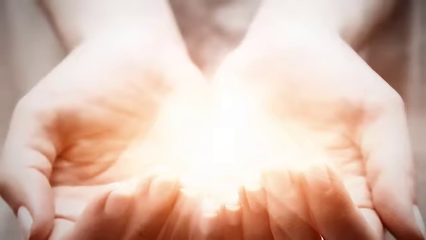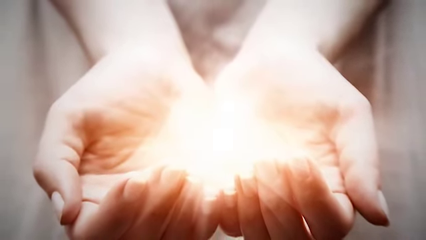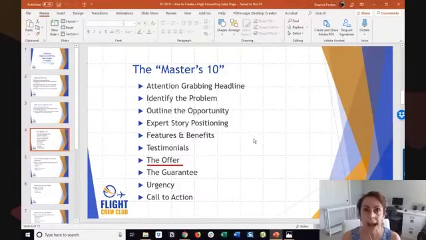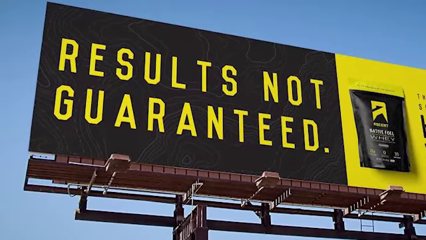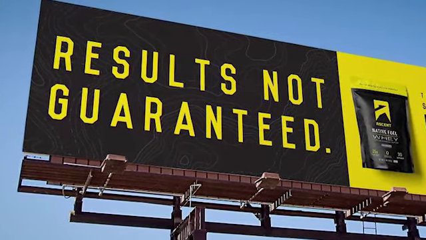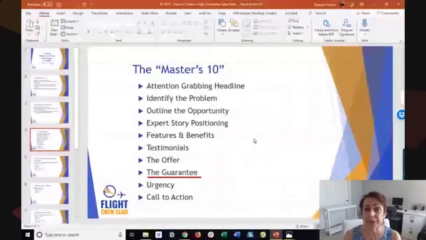Then there's the offer. What is it that you have that's going to help that person and give them the outcome, the transformation, the solution that they're seeking? Then there's some type of guarantee. You can only guarantee that you are going to show them the way. You can't guarantee their results, because the results are up to that person actually taking action and implementing.